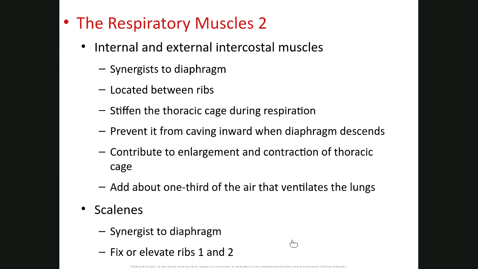As it expands, it creates a negative environment lower than the pressure on the outside because it's a space being created. So the higher pressure outside will tend to go in the lungs. In a way, you're suctioning air as you expand the lungs, and so air will come rushing into the lungs, filling the lungs. That's what we want. That's excellent.